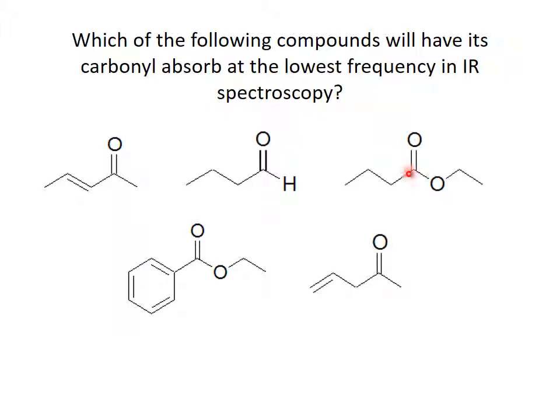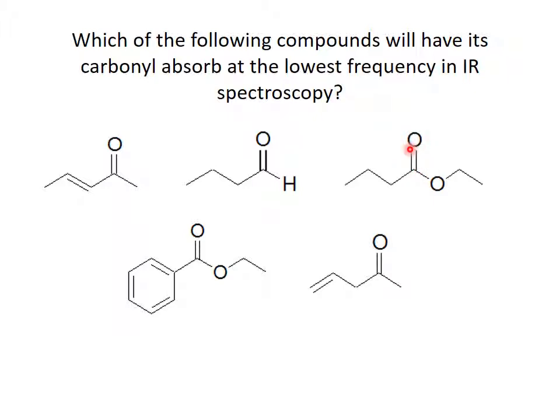Esters have a resonance in which the non-bonding pair of electrons come over into this bond, and these electrons jump up there and put a negative charge here, a positive charge here, and a double bond there.